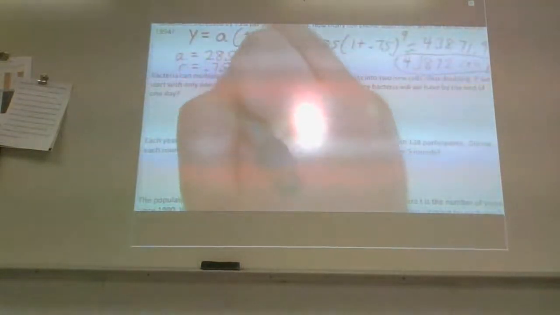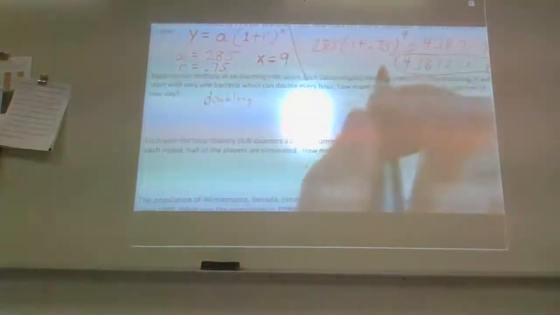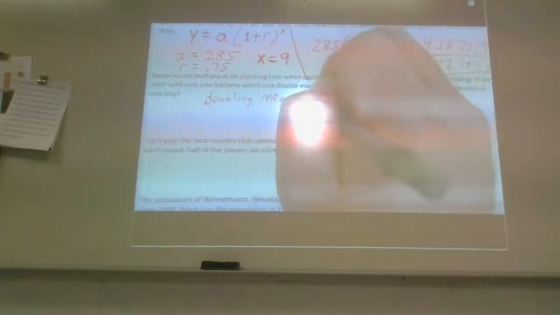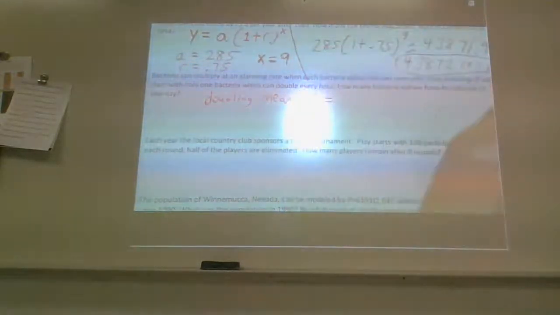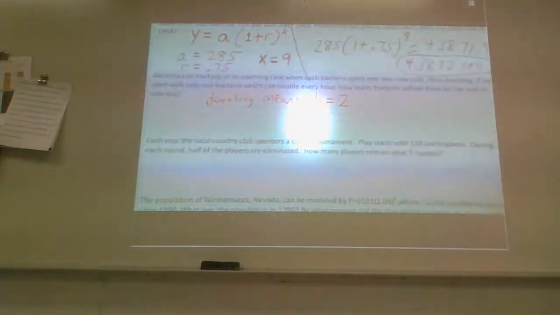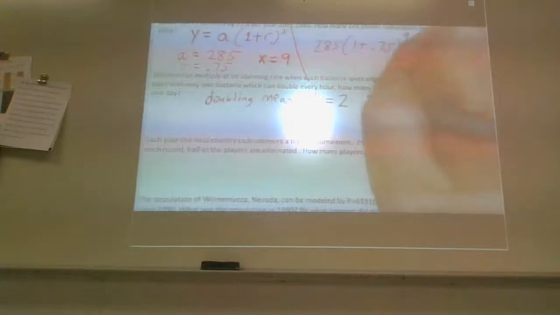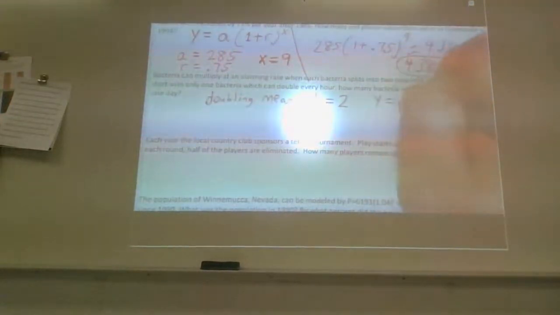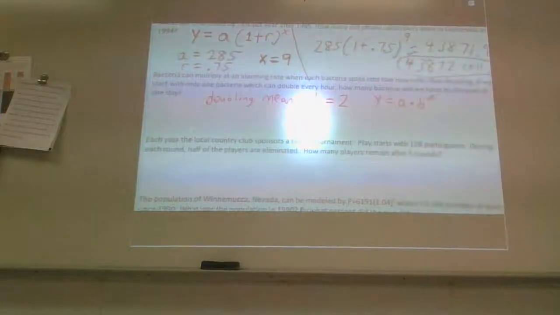Doubling, and we have written this into our notes before, means B, not R, but B is equal to 2. What the heck is B? Remember, it was Y equals A times B to the X power.